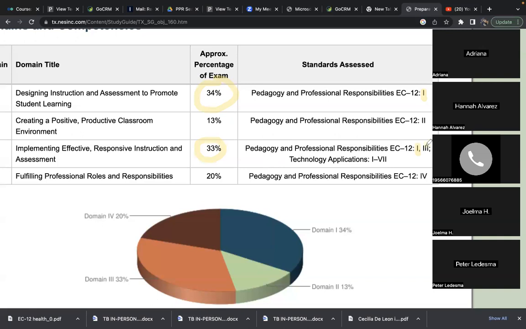So standard 3 of the PPR makes its way into domain 3, and technology applications 1 through 7, right? Making up 33%. Just with these two, it's a huge, huge chunk. So understanding standard 1 is so very important.